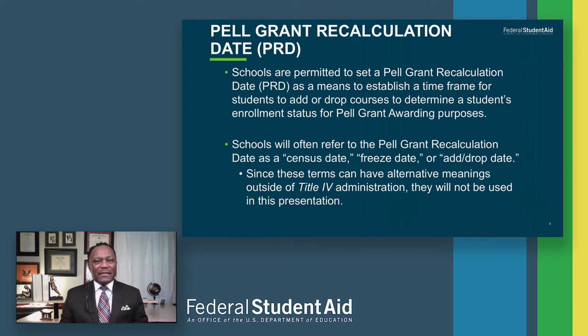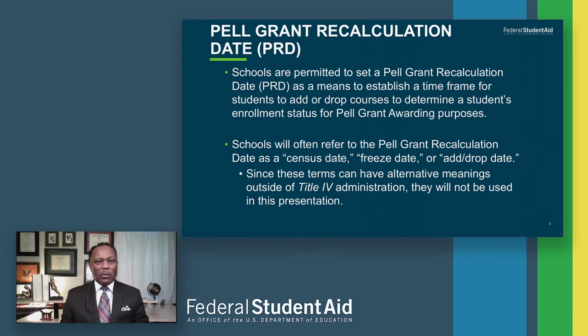For instance, by simply referring to the PRD as the freeze date or census date or drop and add date, schools often forget that they do not have the option of using this date as a means of determining enrollment status for other programs. Generally, other Title IV programs must establish the enrollment status just prior to disbursement.